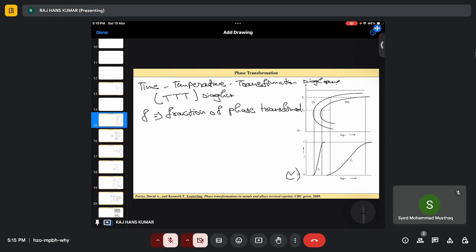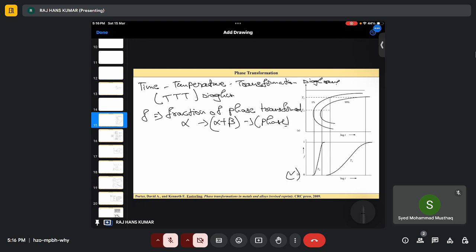Let's talk about any phase transformation. Okay, let's say a eutectic phase transformation. Alpha is turning into alpha plus beta. This forms a phase, like a eutectic one, like let's say a laminar phase.